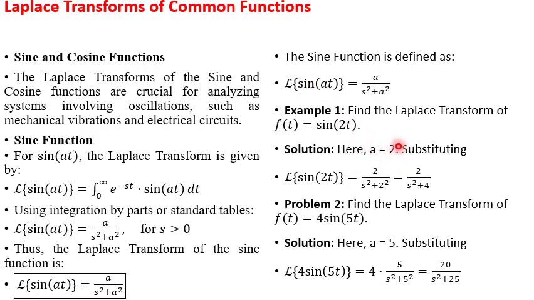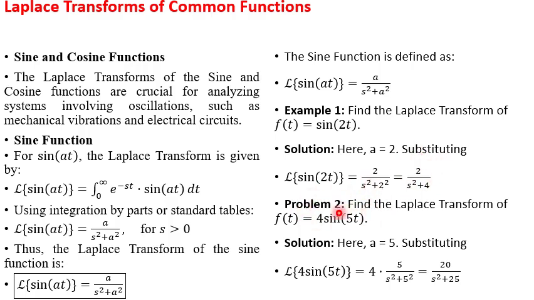Substituting 2 for a gives us 2 all over s raised to power 2 plus 2 raised to power 2, which equals 2 all over s raised to power 2 plus 4. That is our answer.